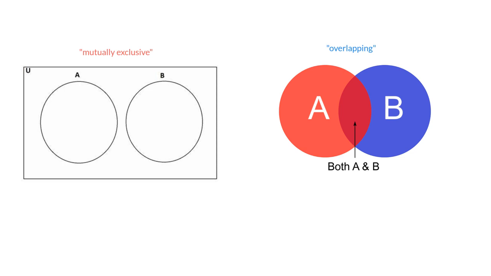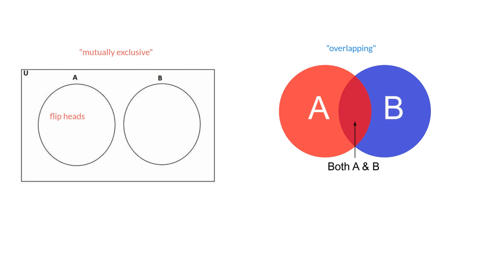Mutually exclusive events are things that cannot happen at the same time. A great example of this is flipping a coin: you cannot get heads and tails at the same time.